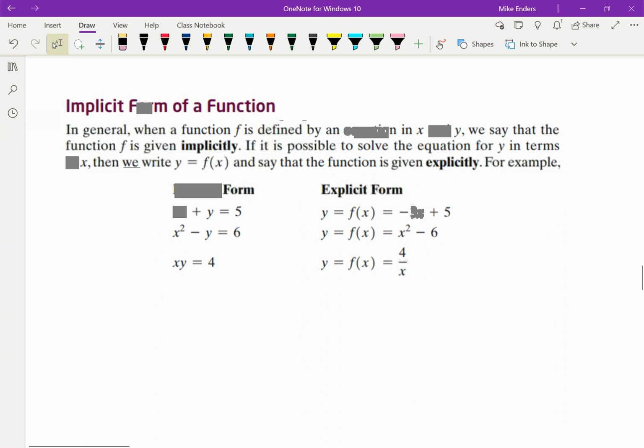So implicit functions are when it's implied that we have a function. In other words, the ones on this left-hand side here, we could solve each of these for y and end up recognizing that for every input of x, I'm only going to get one particular y value back. The explicit form is when we do solve for y and we see what those formats look like.